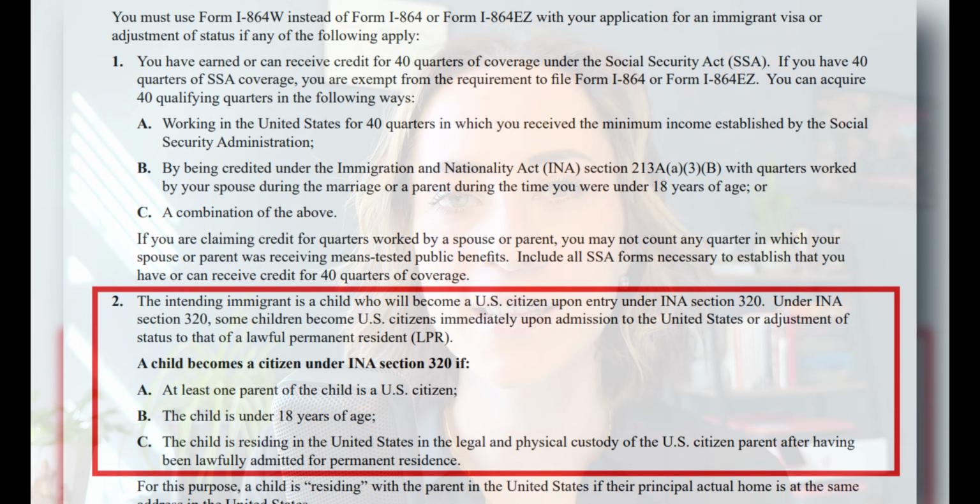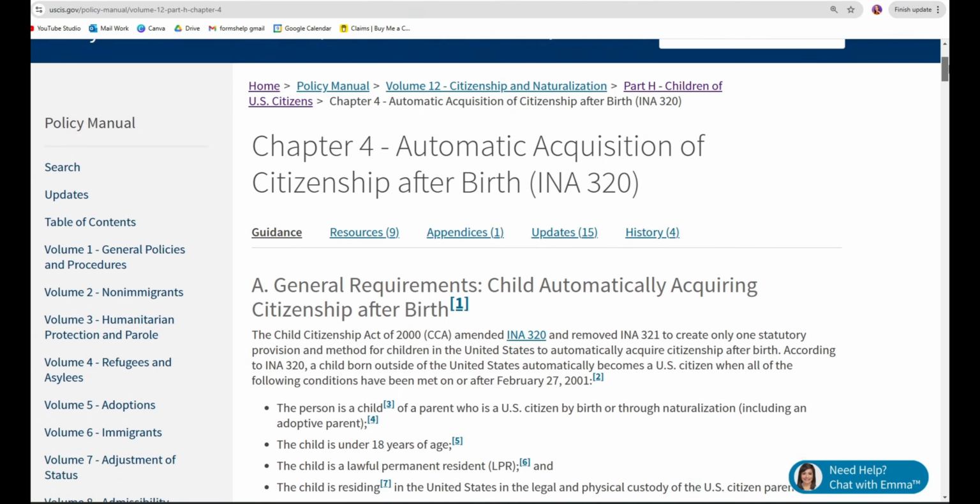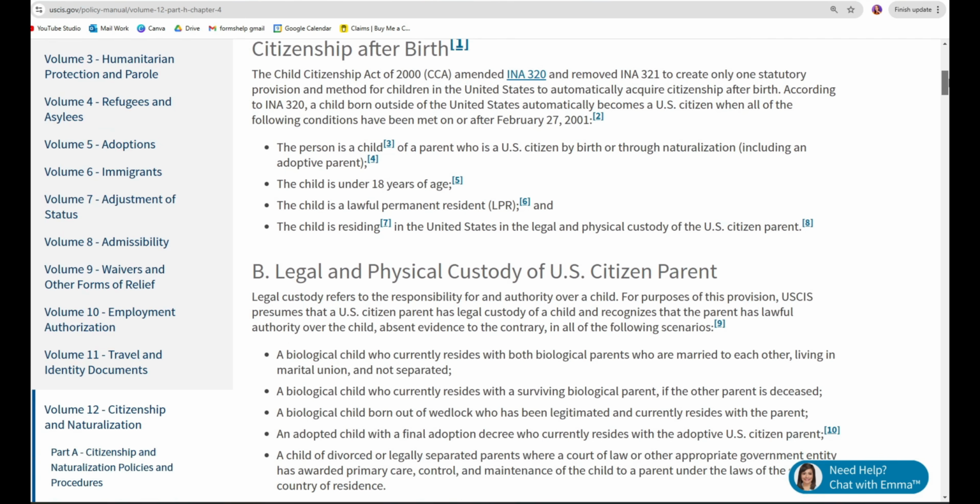Another reason why you might be able to use the I-864W is if you have any children who, upon receiving their green card, will automatically become U.S. citizens. For example, you have naturalized and you decided to petition your children.